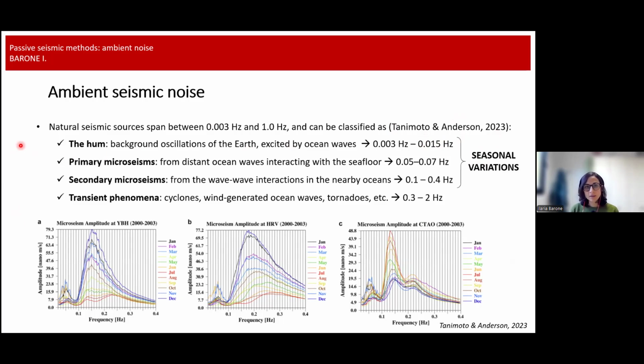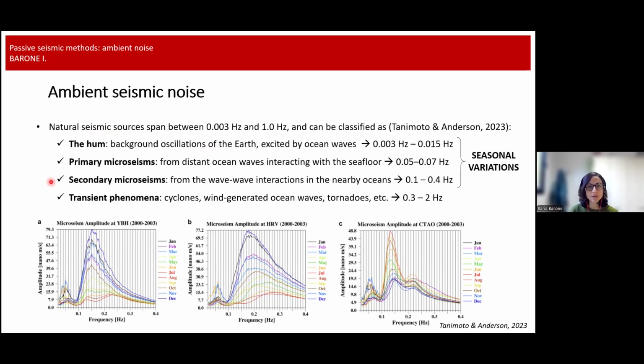The hum basically includes all the very low frequency background oscillations of the Earth that are mainly excited by the ocean waves. And as you may see, the frequencies are very, very low, spanning from 3 millihertz to 15 millihertz.